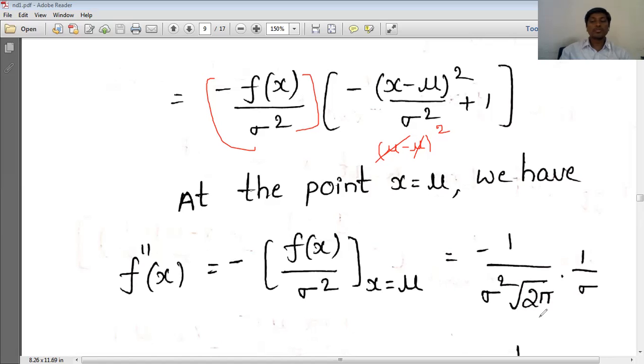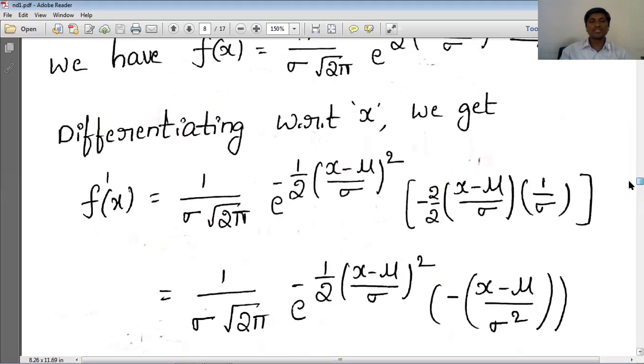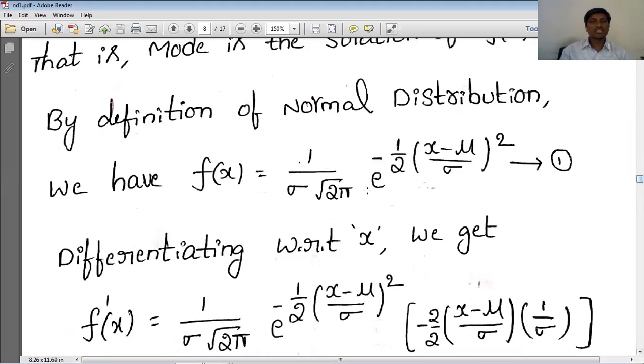And how did we get this one? 1 by root 2 pi into 1 by sigma. Why? Because already we know f of x, by the definition of normal distribution we are using. If you substitute in place of x as mu, what about f of x here we chose? This is f of x we chose: 1 by sigma root 2 pi e power minus 1 by 2 x minus mu whole square, right? If you substitute in place of x as mu, what will we get?